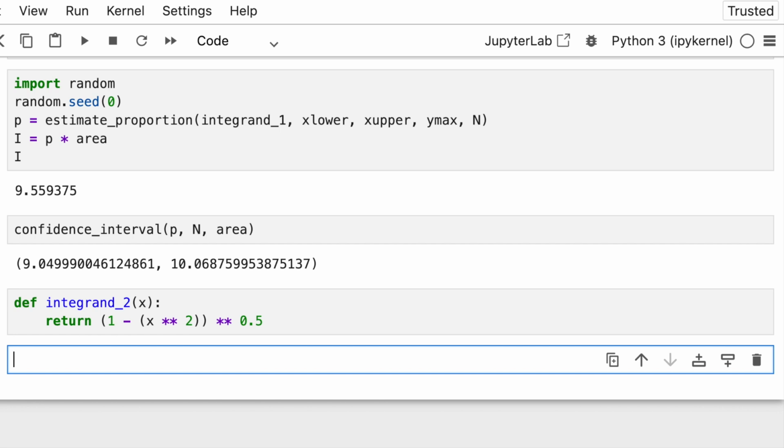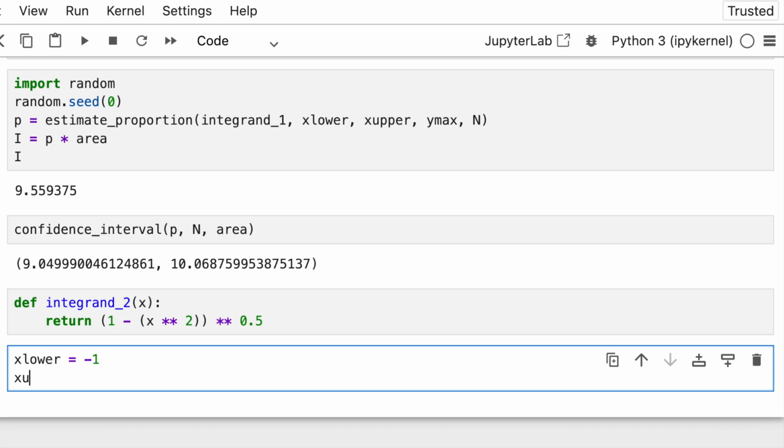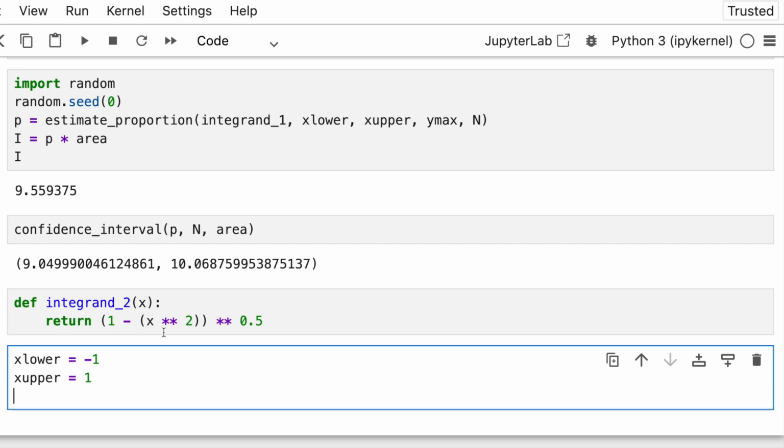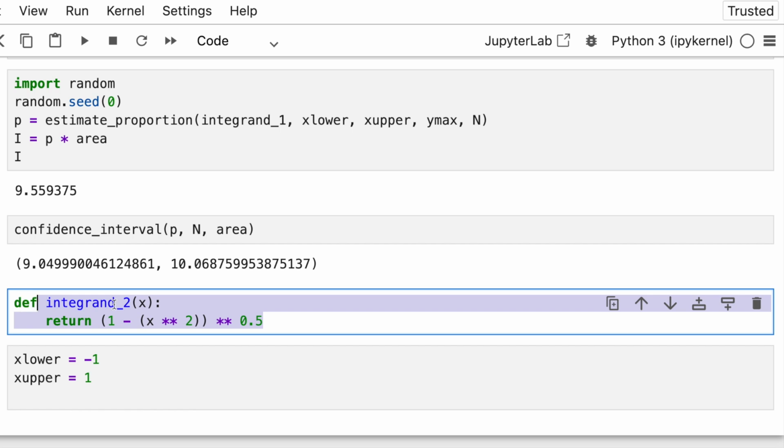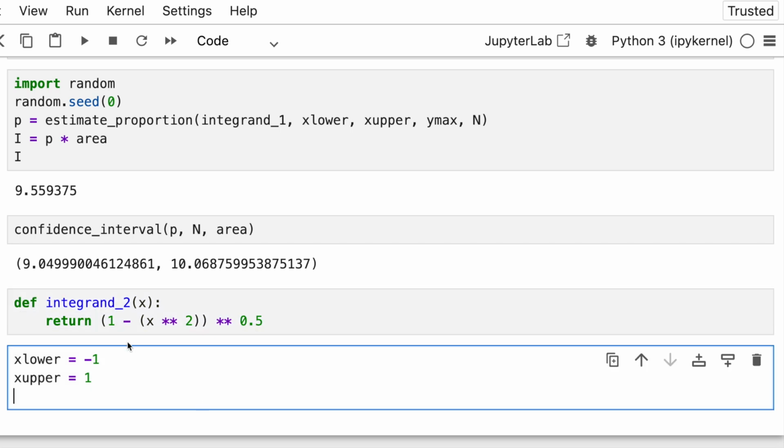Our lower limit of integration is -1 and our upper limit is 1. Over that interval, what is the maximum and minimum value that integrand 2 can take? Well, this is always positive, so the minimum value is going to be 0, and the maximum value will be 1. That takes place when x is equal to 0.